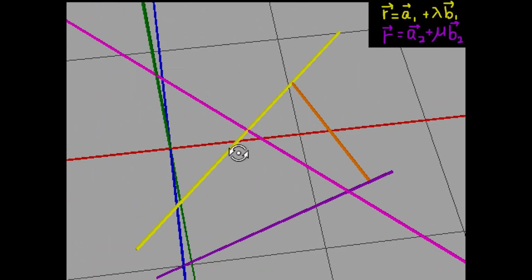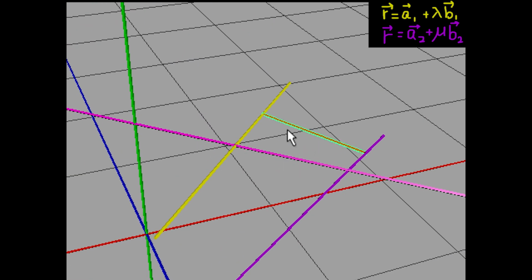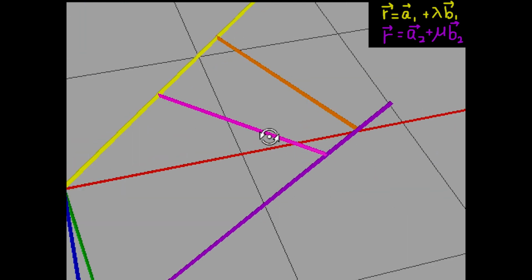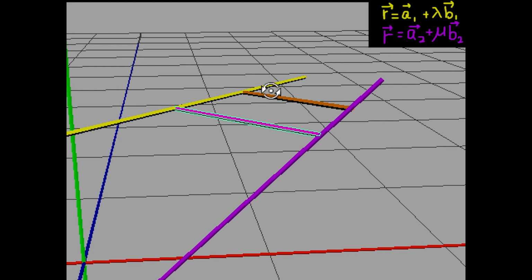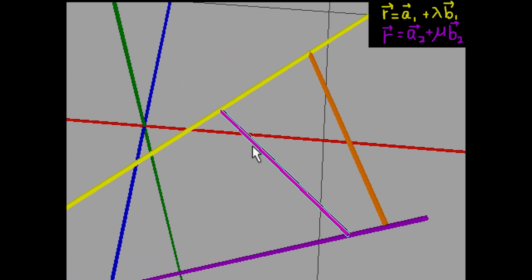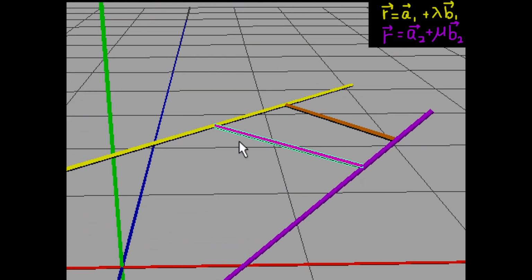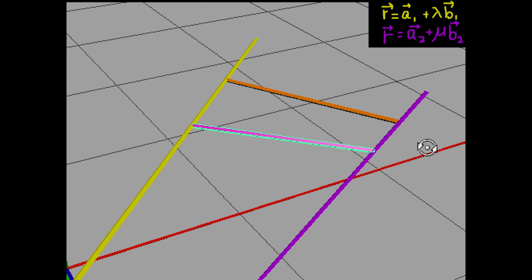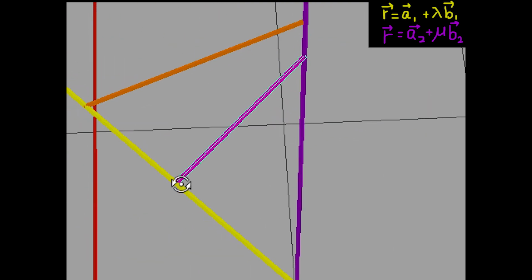And when we take a projection of this orange line, so let's shorten it up, the projection would look something like that. And this projection, let's call that P, would be our shortest distance between these two lines.